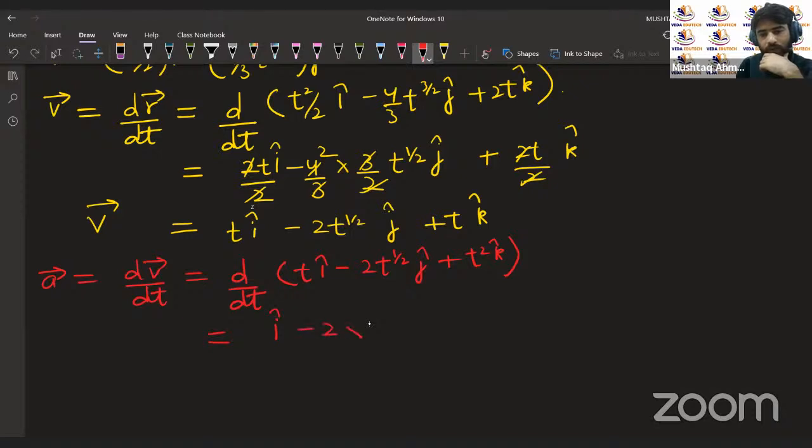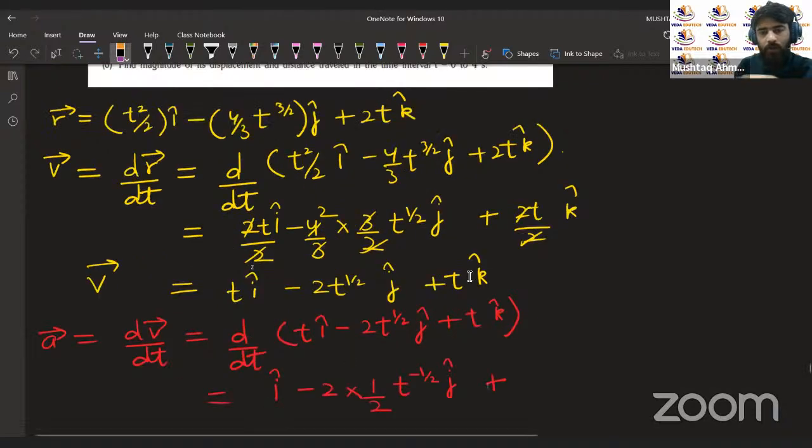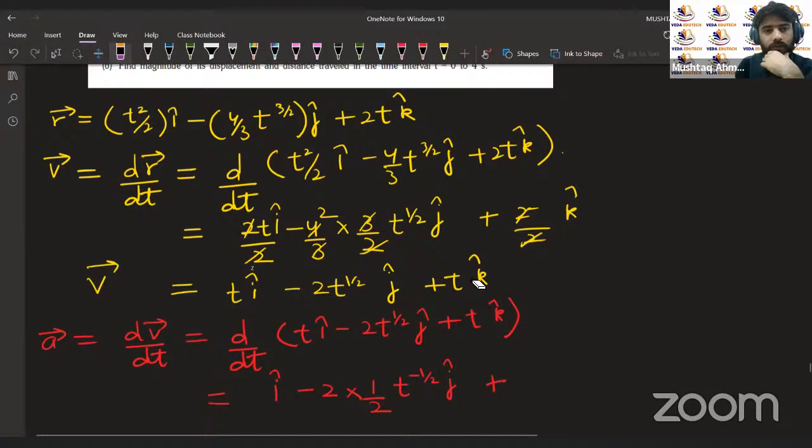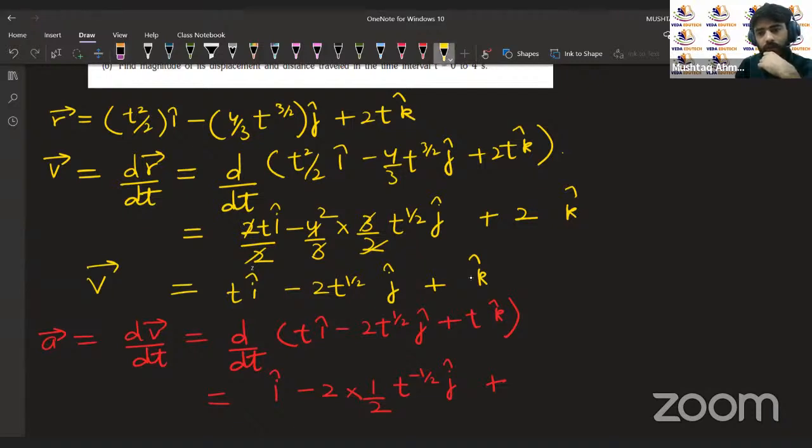The differentiation of t^(1/2) will be 1/2 t^(−1/2), that will be ĵ. And for the last component, it will be only 2, so we'll have 2 k̂ in the velocity, so it's 2 k̂, right?